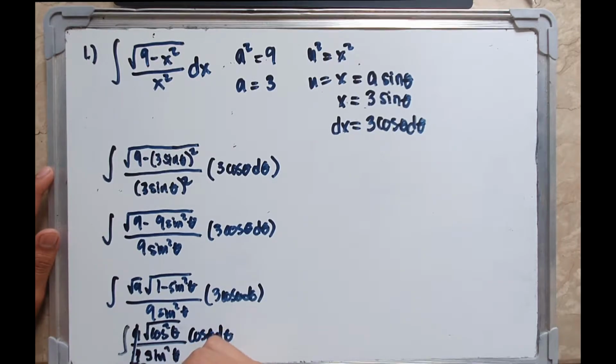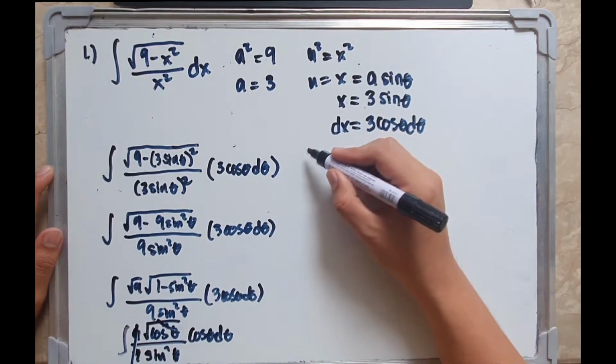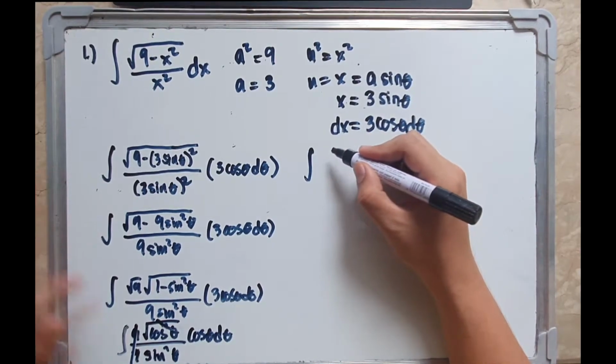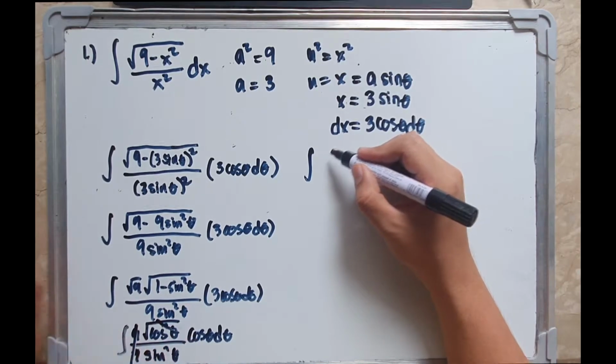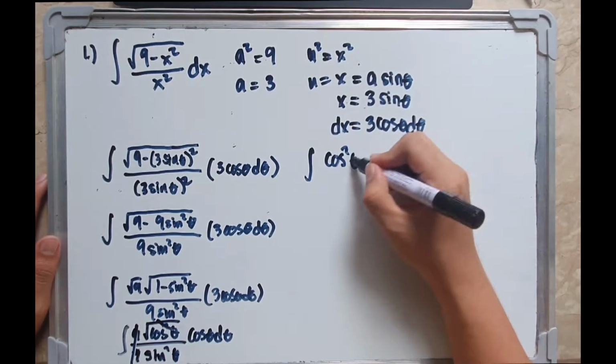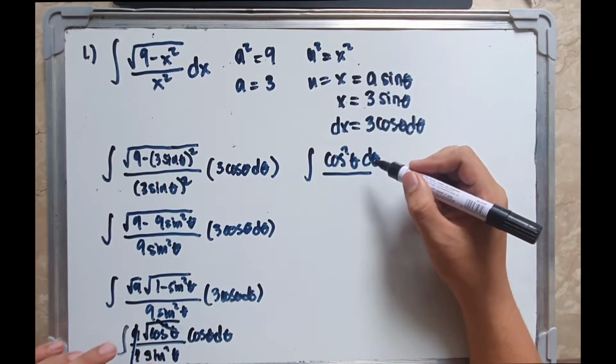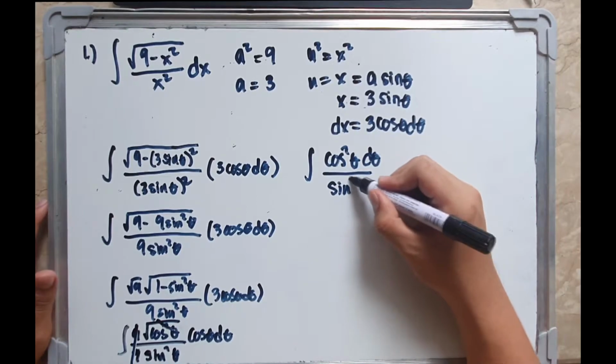Notice we could cancel 9, and the square root and the square. So we now have the integral of cosine theta times cosine theta, that is cosine squared theta d theta, and we have the denominator of sine squared theta.